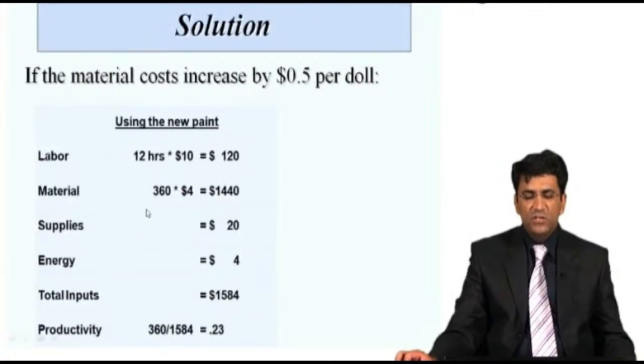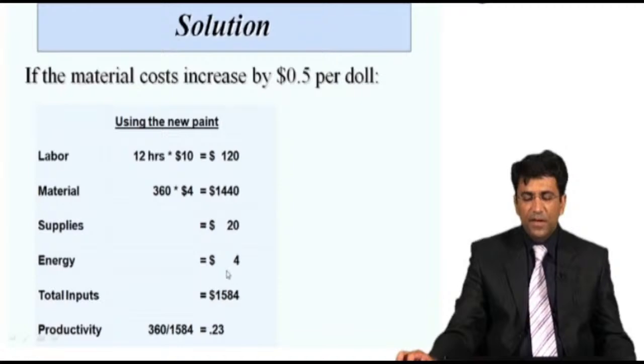So the only change is with respect to the material cost. Labor input remains same, that is 120. Material cost now will be 360 multiplied by $4, that is 3.5 plus 0.5. This will be the new material cost. Then supplies cost again will remain same, that is $20.